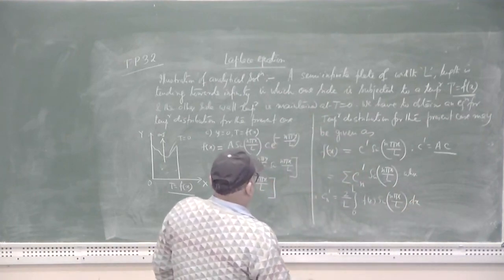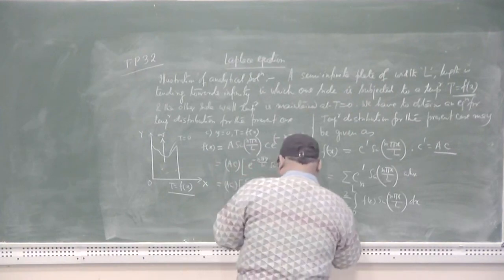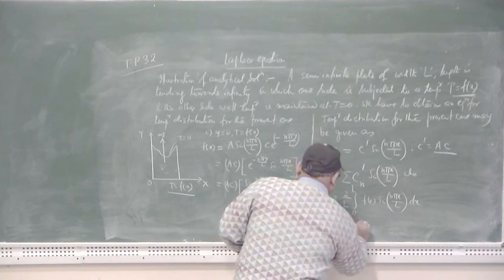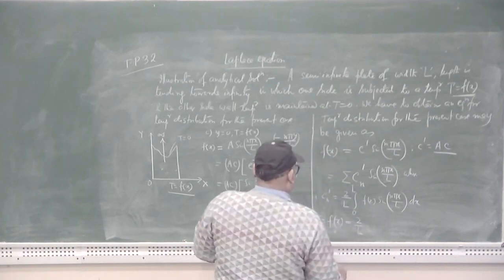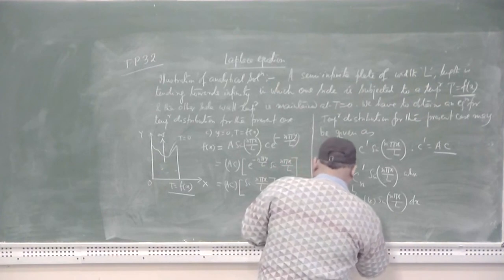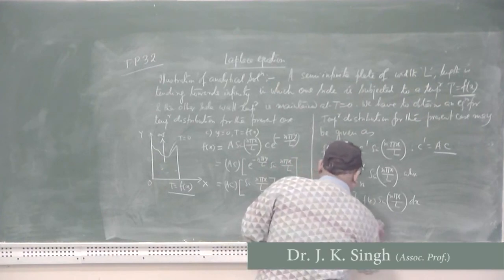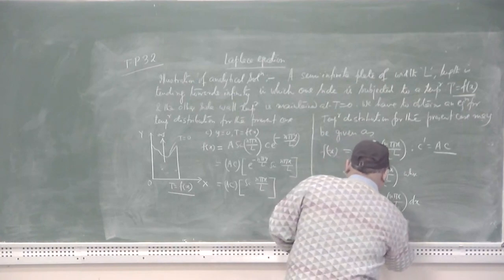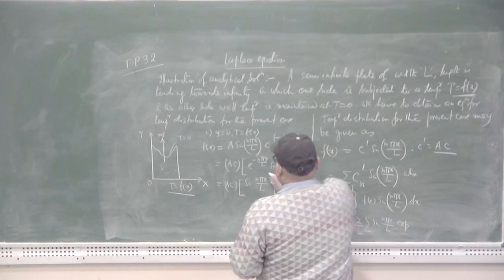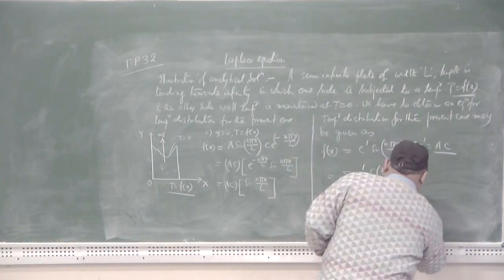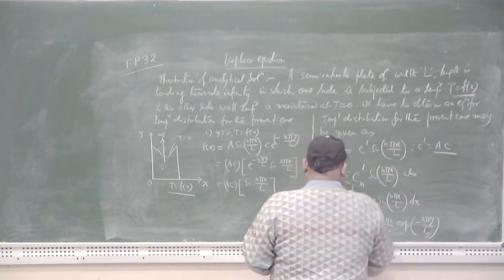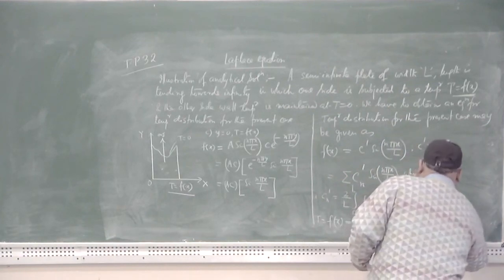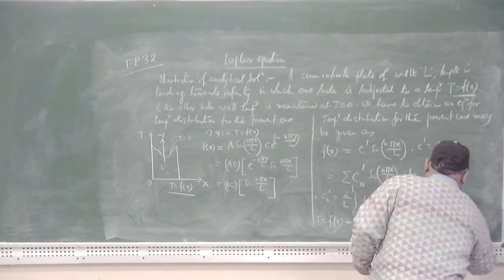So, the complete solution is T is equal to f x, that should be equal to 2 by L summation sin n pi x by L, exponential minus n pi y by L, this quantity, into integration from 0 to L f x sin n pi x by L dx.